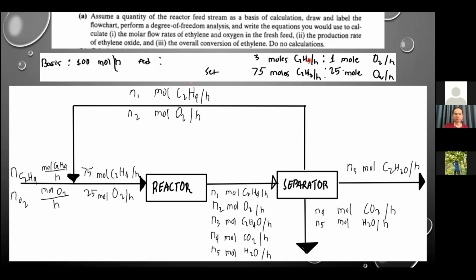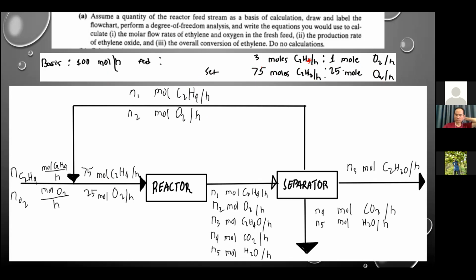So I think it's some sort of algebraic process to know the ratio of the moles of C2H4 to 1 mole of oxygen.